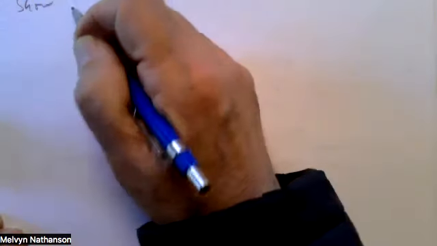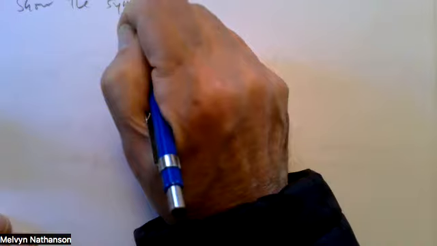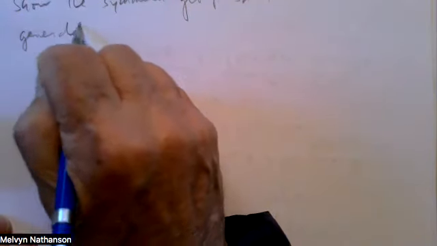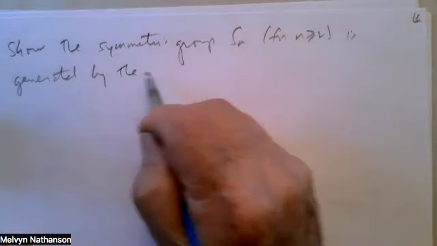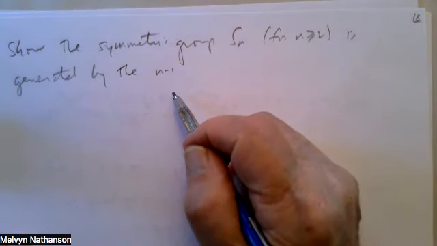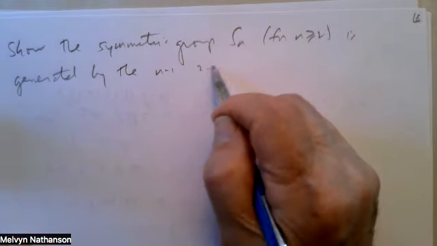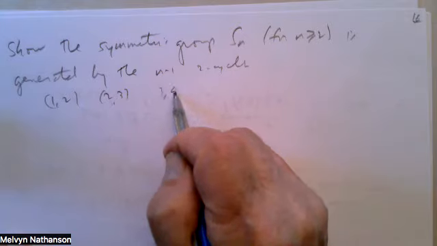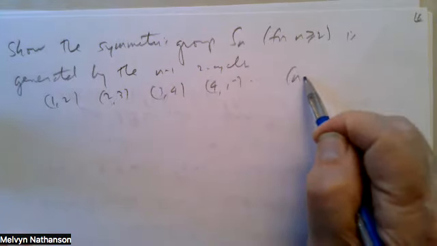So problem 16 is to show the symmetric group Sn, where n greater than or equal to 2, is generated by, not necessarily all of the 2 cycles, it's enough to pick a certain n minus 1 of them, the n minus 1 2 cycles 1, 2, 2, 3, 3, 4, 4, 5, and so forth, up to n minus 1, n.